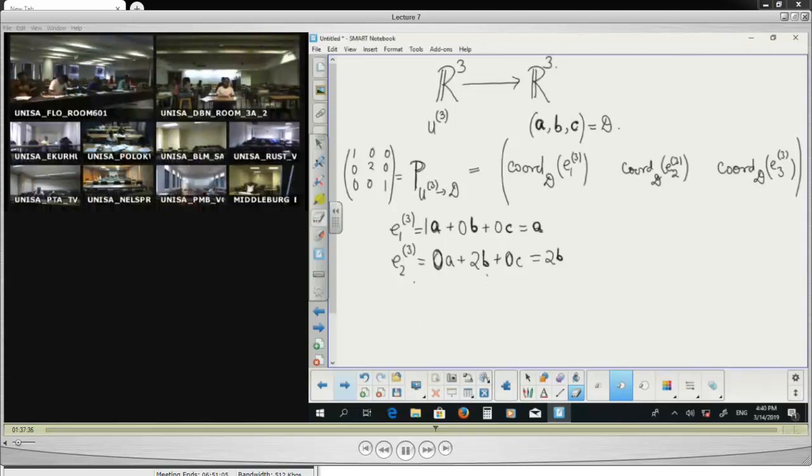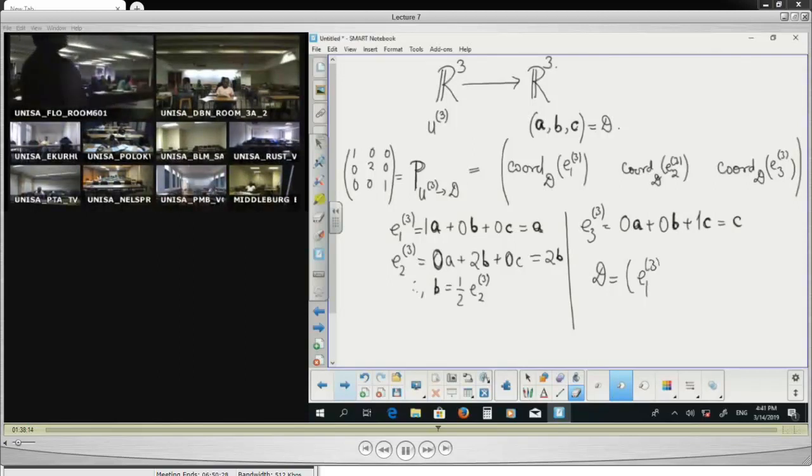And similarly, E3, the coordinate is given to be this, so it is 0 times A plus 0 times B plus 1 times C, which is C. So your basis is this. Okay?